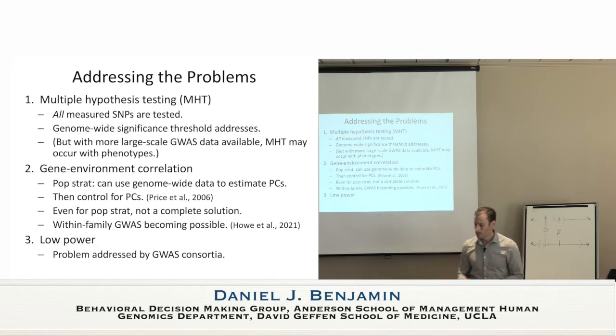Yeah? Going back up to your full hypothesis testing, the point about having many large-scale GWAS. Given you're saying we're seeing GWAS for a bunch of different phenotypes, now maybe our type 1 error rate is no longer controlled because we're looking at a million different phenotypes.